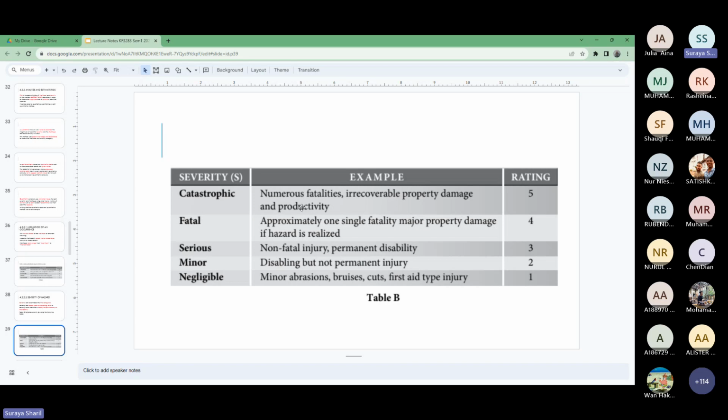Next one is fatal. Approximately one single fatality or major property damage if the hazard is realized. Serious is non-fatal injury but permanent disability, and it's given a rating of 3. And minor is disabling but not permanent injury, and lastly negligible.